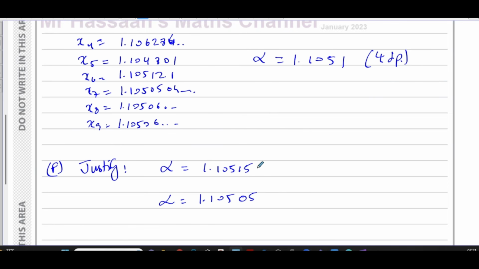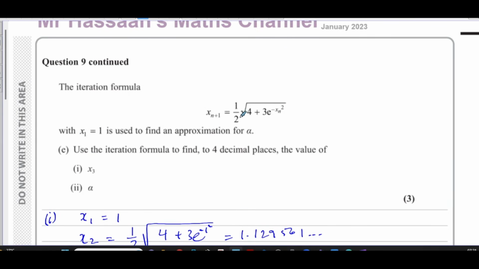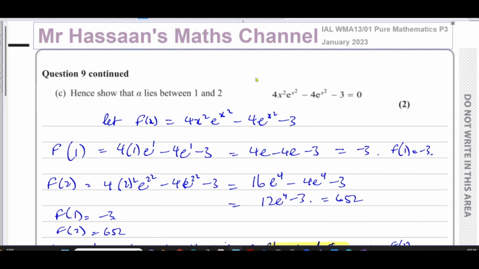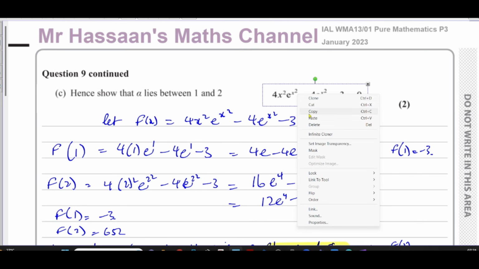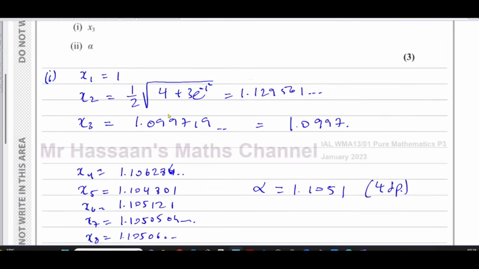That's the upper and lower bounds. Now we will substitute that back into the original equation, which is this equation over here. We'll substitute back into this equation here.